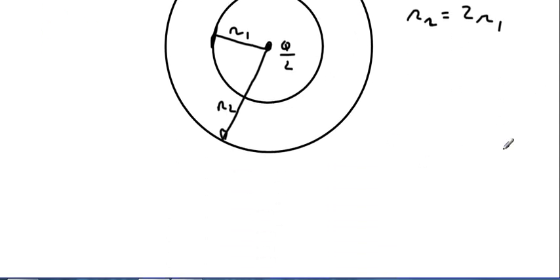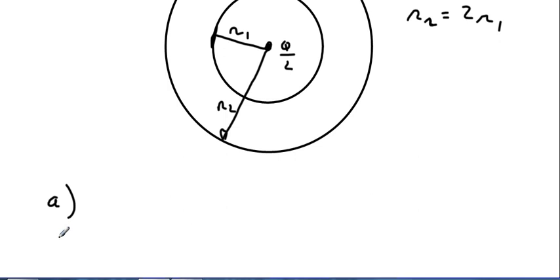Okay, now with the picture correct, I need to solve for A. Write the electric field strength in all three regions. So I need the electric field strength when I'm less than R1, when I'm between R1 and R2, and when I'm greater than R2.